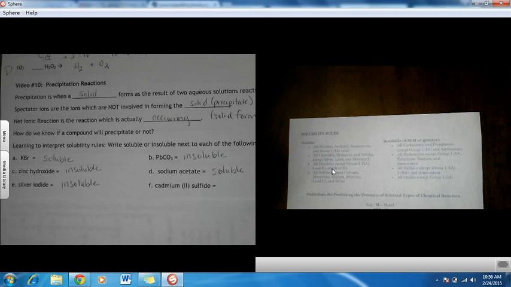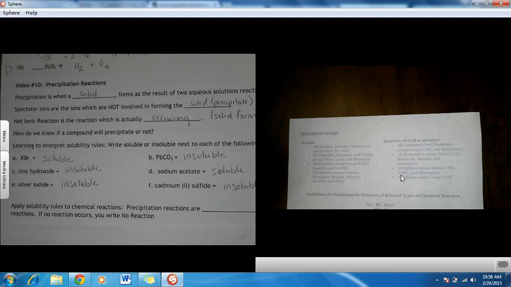So let's find our rule for sulfides. Over here, all sulfides are insoluble except those in group 1 and group 2 and ammonium. Well, cadmium is not in group 1 or 2. It's a transition metal. And so this would mean it is insoluble and would indeed precipitate in the reaction. So let's apply these rules to chemical reactions.